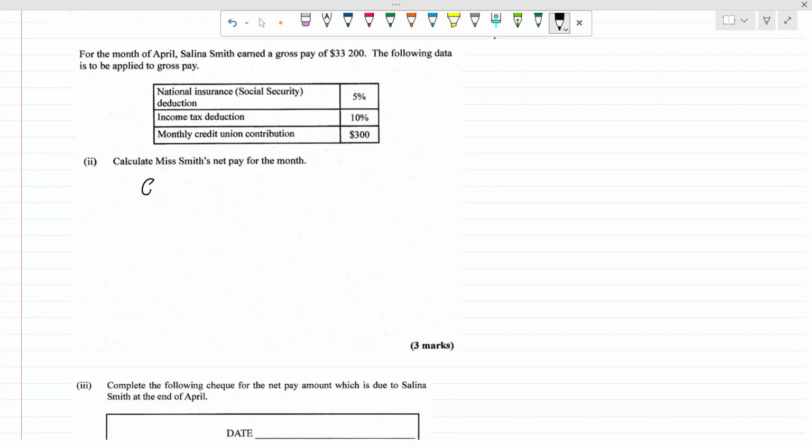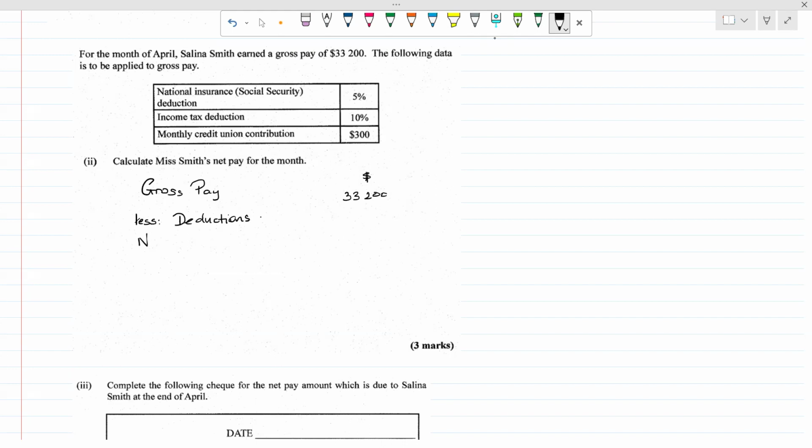So, starting with gross pay, $33,200, less deductions.